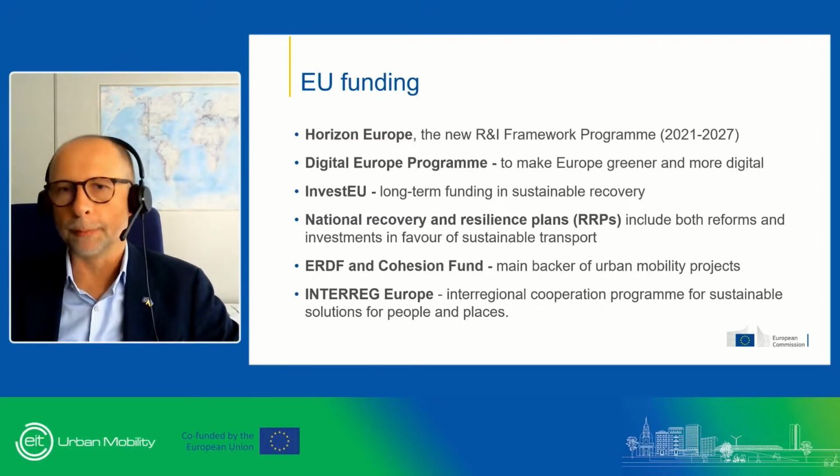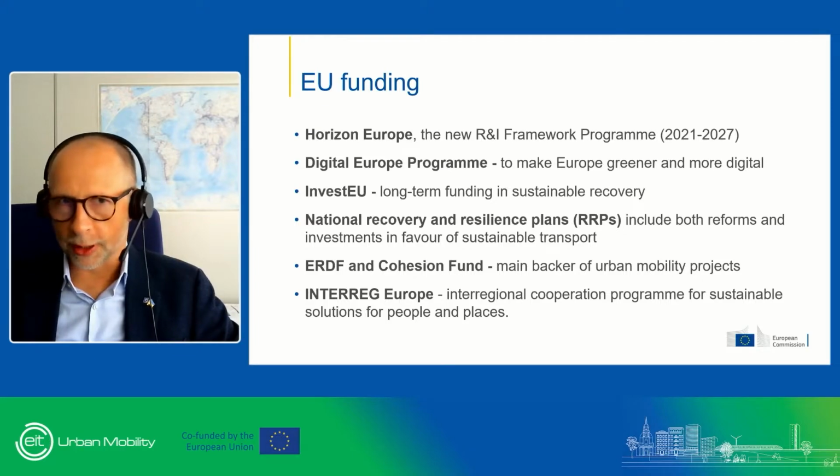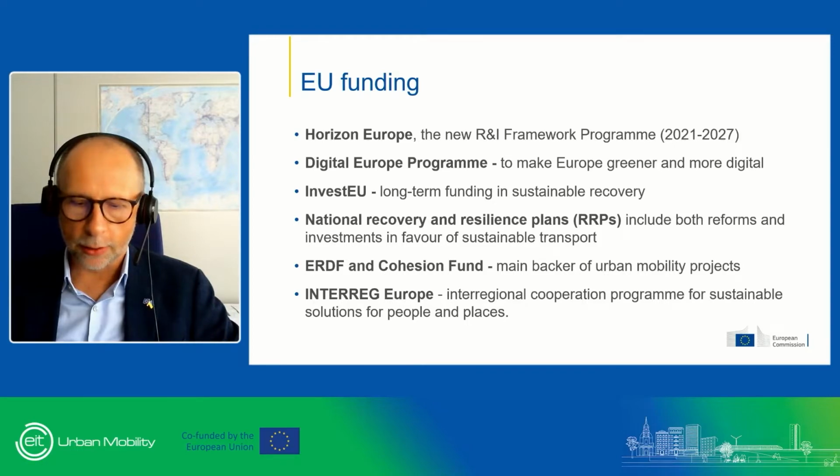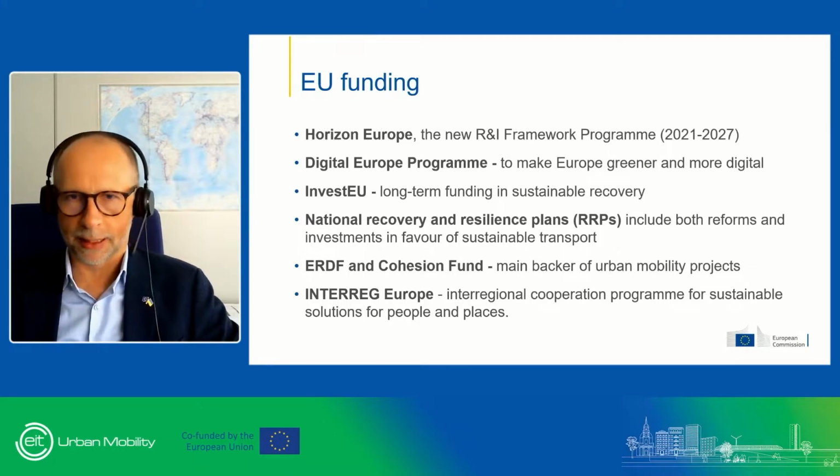Sorry for the long name. Then we have deployment programs with important budgets like Digital Europe with 7.5 billion, focused on bringing digital technology to businesses, citizens, and public administrations. It will also fund data spaces, very relevant for DRT solutions.